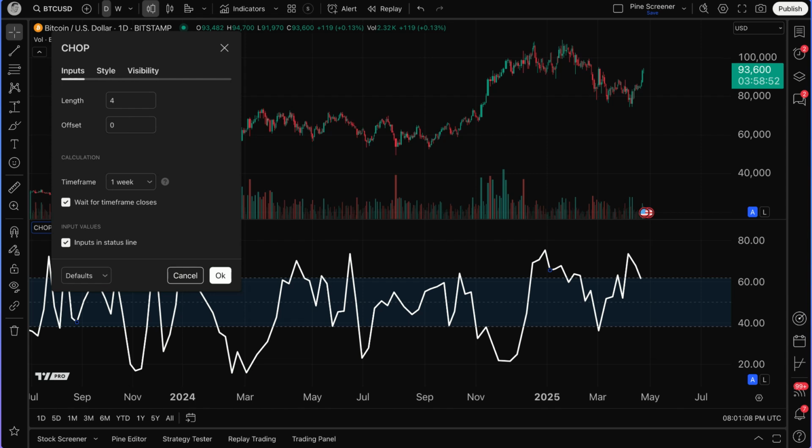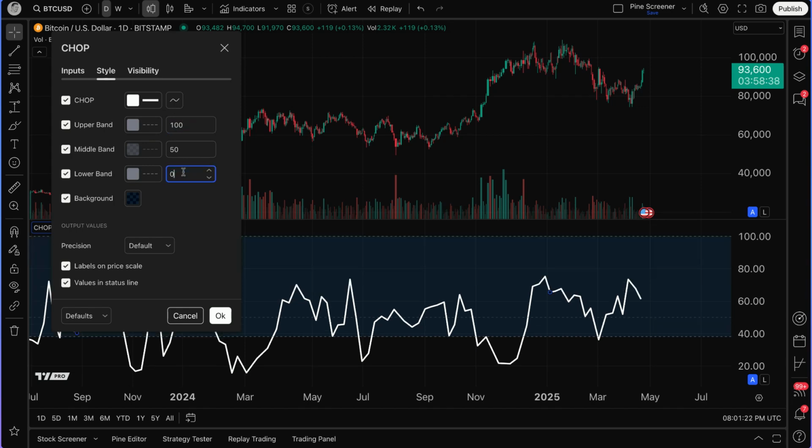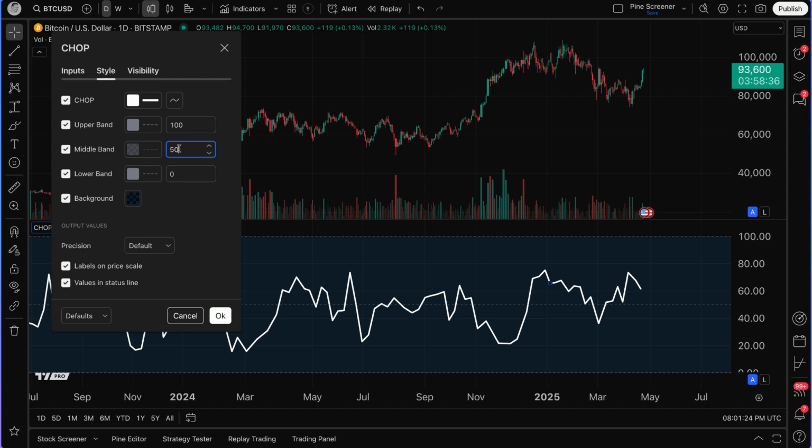In addition, what's equally important to bring up here is that you have the ability to customize these bands. By default, they've got these Fibonacci numbers here, but maybe you want to keep things simple. Just show me the 100 band and just show me the 0 band and then just show me the middle band. 100 being the most extreme, probably rarely that could ever happen, but just so you know, 0 down here.